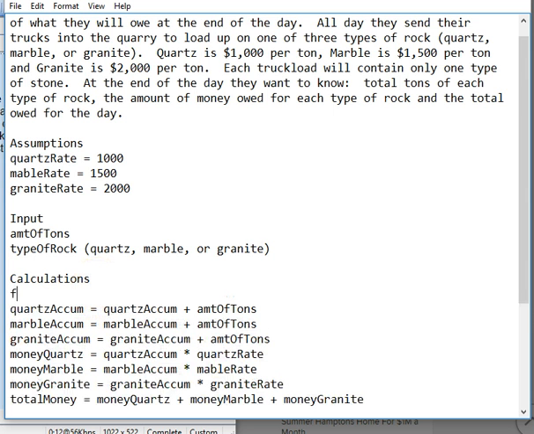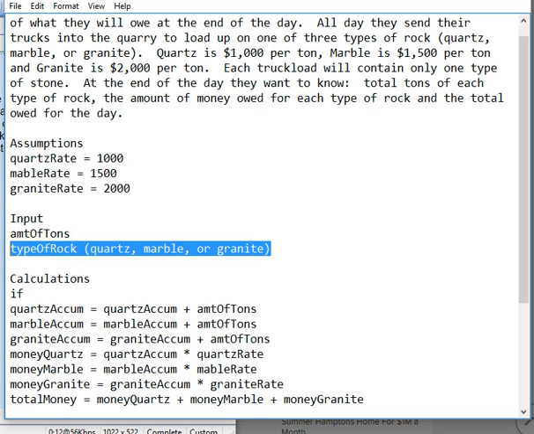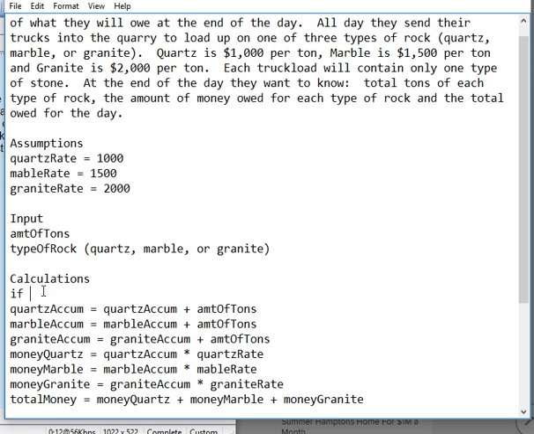So we're going to have to say if type of rock, so let's go ahead and copy this whole thing. If type of rock equals quartz, and we actually don't need that either.